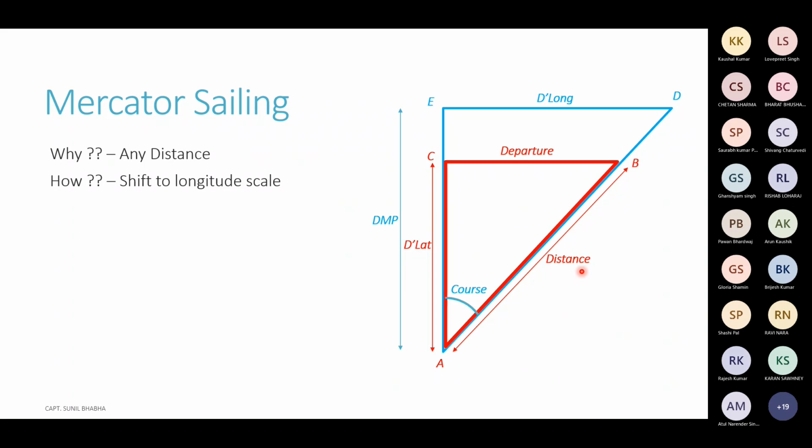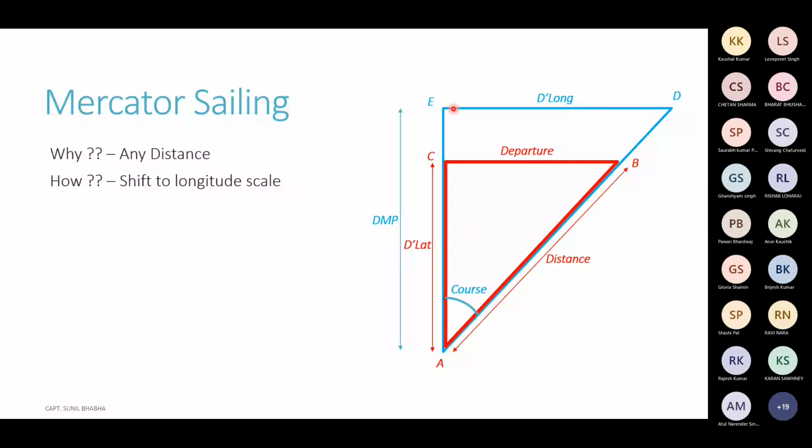So in Mercator sailing, the third side is left unnamed. We neither use this for any calculations, nor is it found out using the Mercator sailing formula. So the third side of the triangle, that is AD, alpha delta, which is the hypotenuse, is not defined or not mentioned or not used, not calculated in the Mercator sailing triangle.